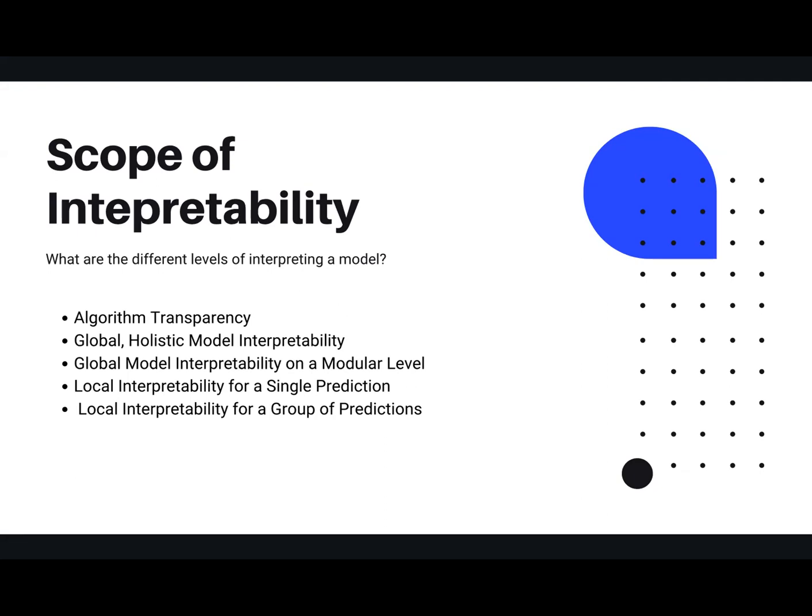So the first scope is to understand how the algorithm trains the model, basically the training function. The second step would be to understand the predict function, right? We have the predict function, and we would like to understand how it works. The third scope is to understand how the different parts of the model affect the predictions.